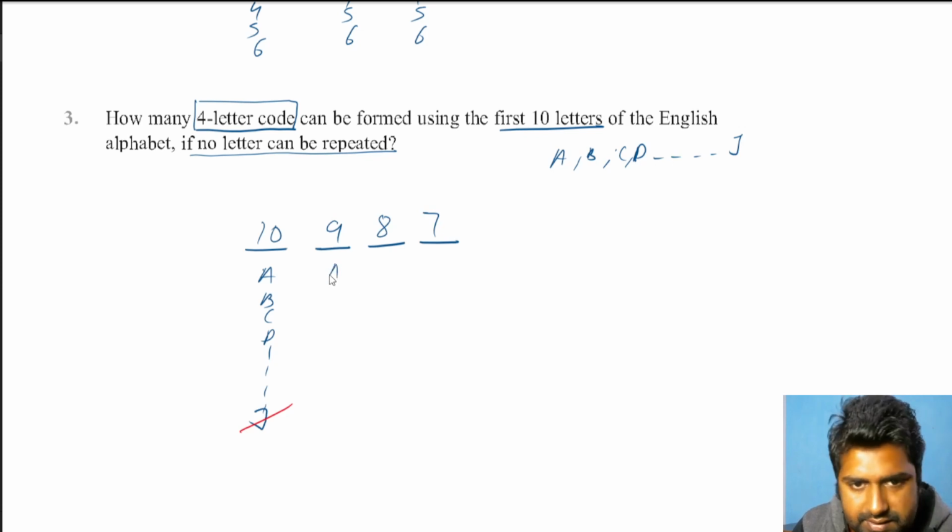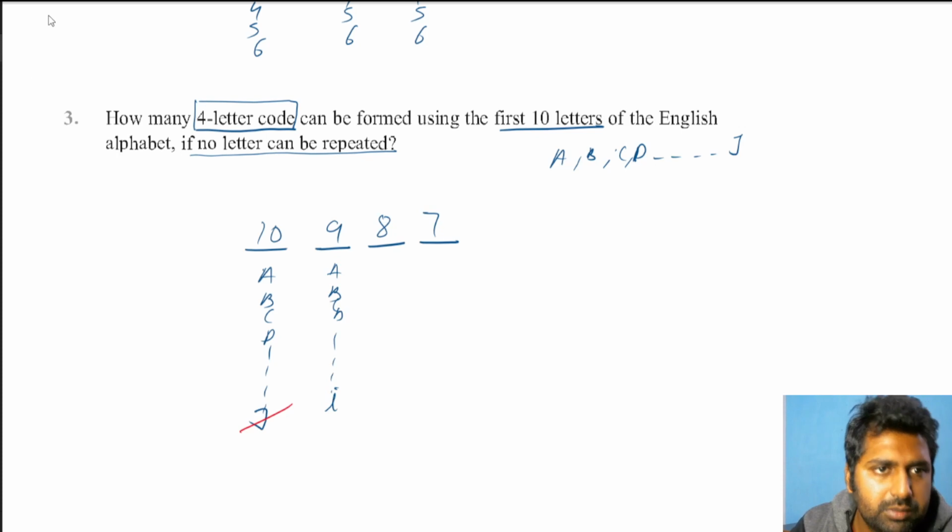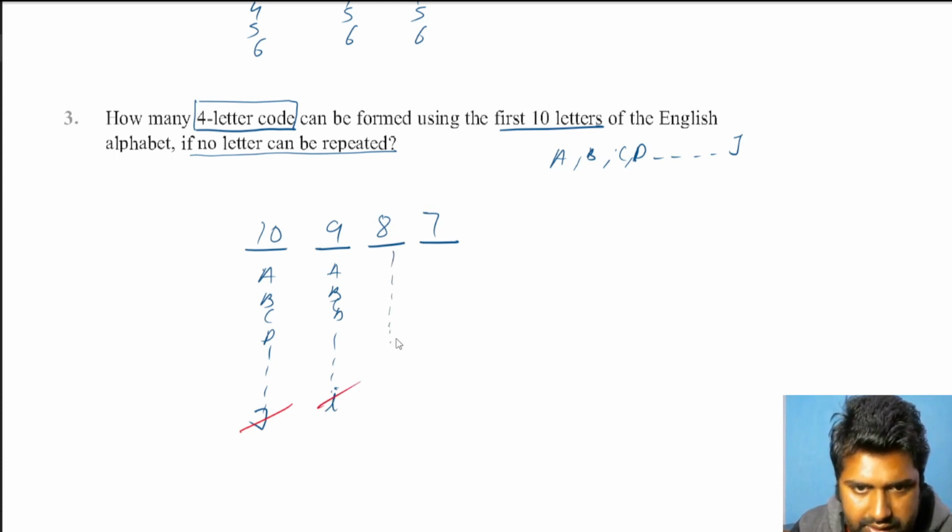If you want, I can write this: A, B, C, D up to, this time, I. So one of the options will be used. Let's say I was used, then A, B, C, D, G, H, up to H. So again 1 will be used, again it can be anything.